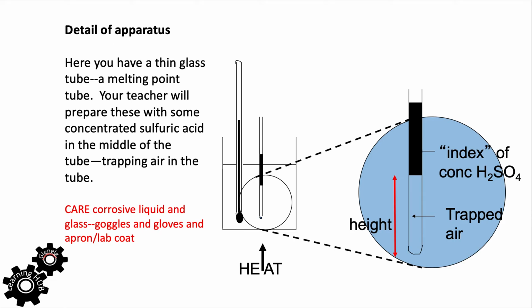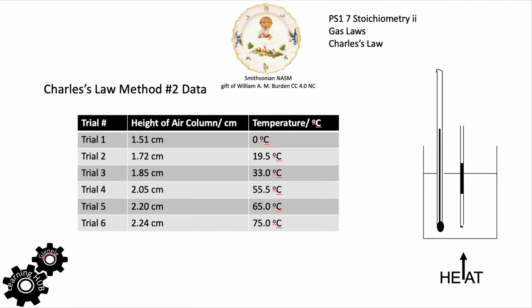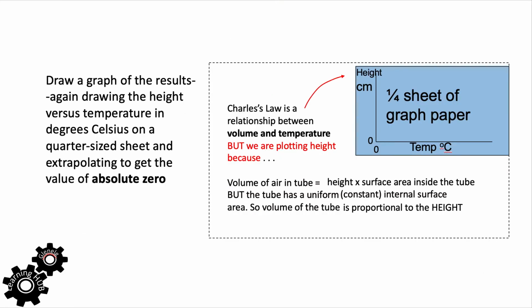So here you can see an expanded version, and the height, what is actually measured to get your data. And you're going to change the temperature 5 or 6 times. And here is a set of data, and you can again plot that data in the same way as you did with the balloon experiment for Charles' law.